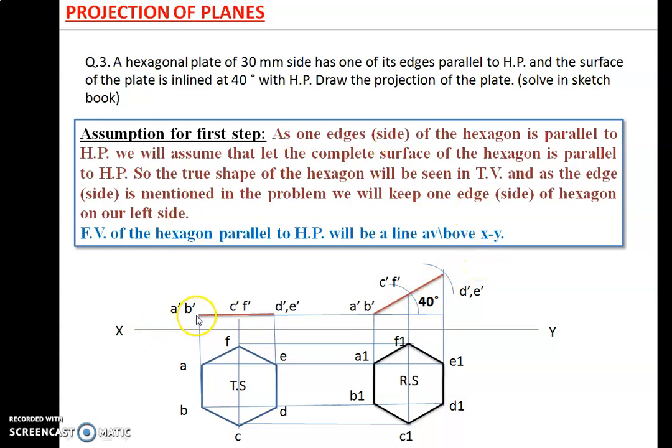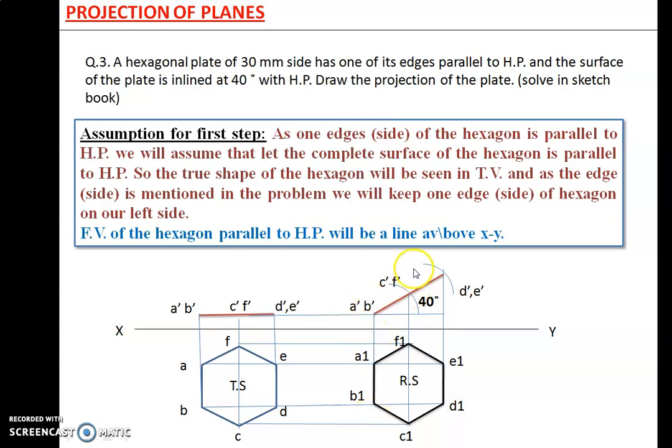Now take the distance a dash b dash, d dash e dash in your compass. With a dash b dash as center, cut the 40 degree line to get the point d dash e dash. Same way, take the distance a dash b dash, c dash f dash in your compass. Again with a dash b dash as center, cut the 40 degree line to get the point c dash f dash. Now the next step is easy.